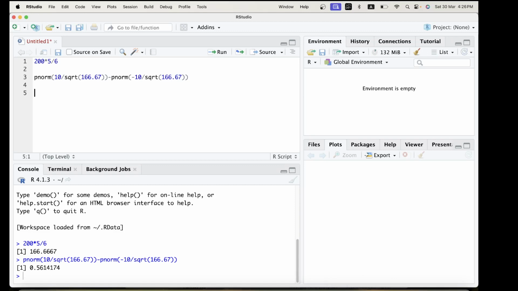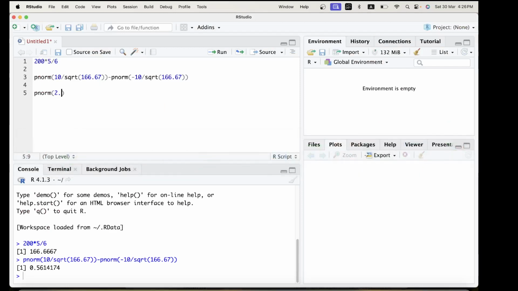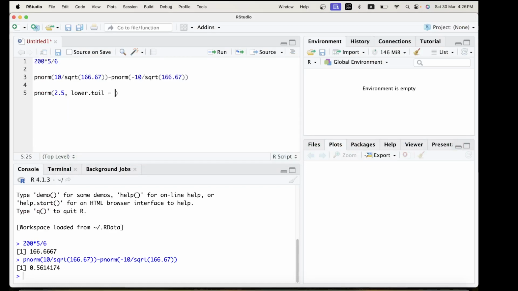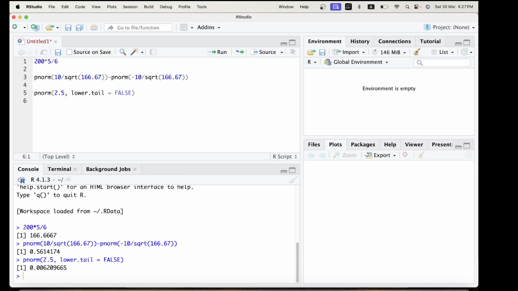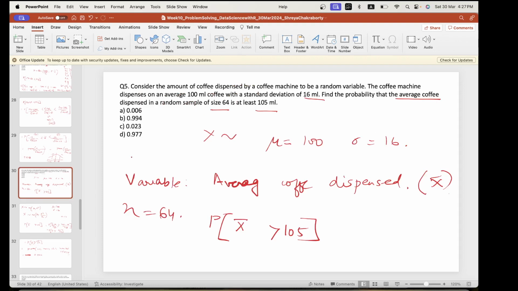P norm 2.5, by default it will take mu 0 1, lower dot tail equal to false, then that is 0.006. This is equal to 0.006. Okay. Alright, shall I move on to the next one?